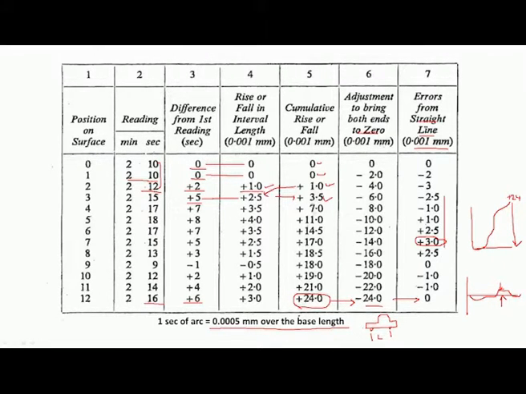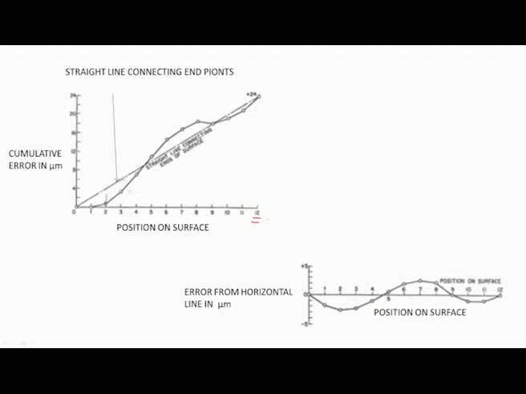These values we have to take and plot here. Now we can see the last reading is plus 24 micron. The least square method can be applied to this, and then we can find the error. Another graph we can draw, where this is brought down to 0 by adding an adjustment factor.